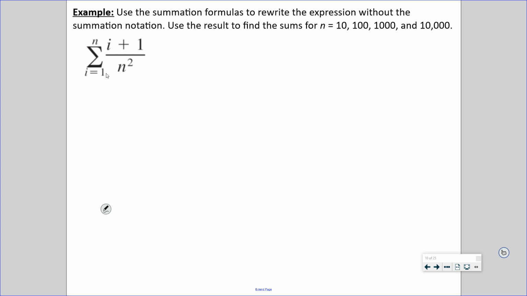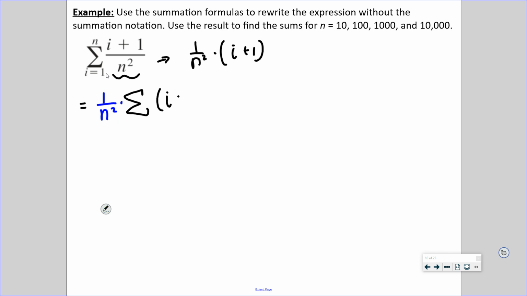Okay, so that 1 over n squared, I'm going to factor in front as that constant, because we know if we have some constant times a sum, you could picture this as 1 over n squared times (i plus 1), right? So I'm going to bring out that constant. And this would be the same as multiplying the sum of i plus 1 by that constant.